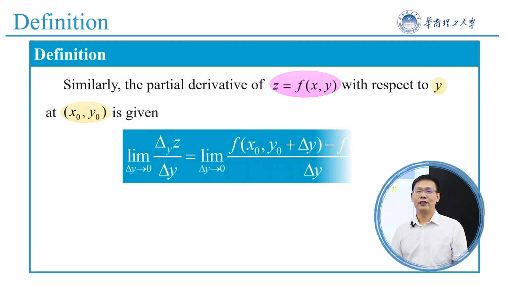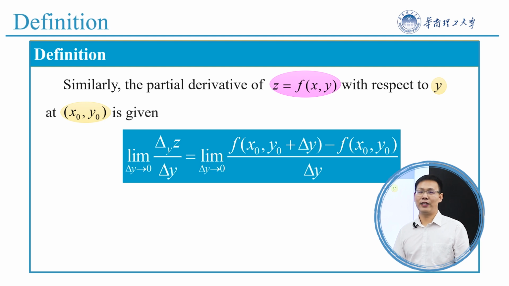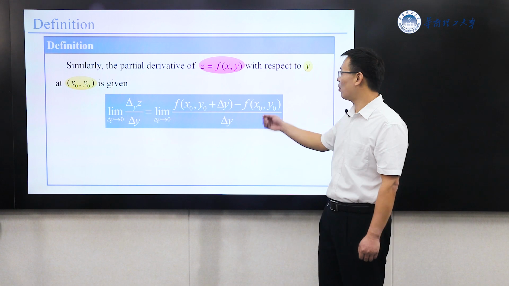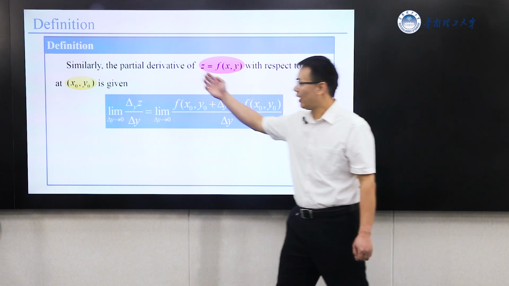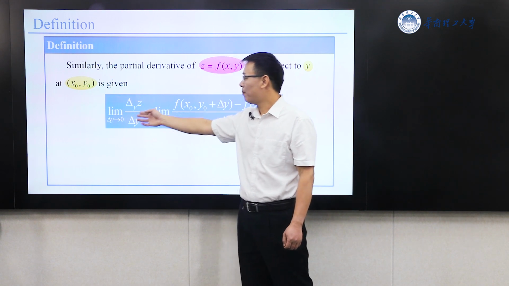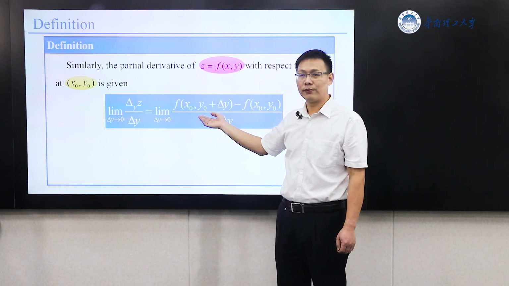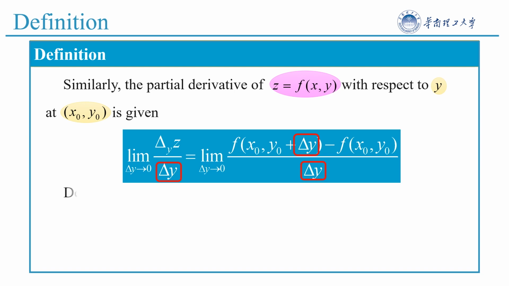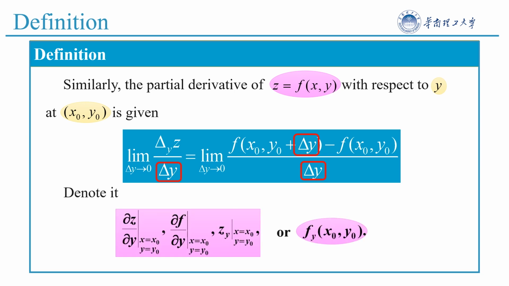Similarly, the partial derivative of f(x, y) with respect to y at the point (x0, y0) is given by this limit and denoted by the notations.